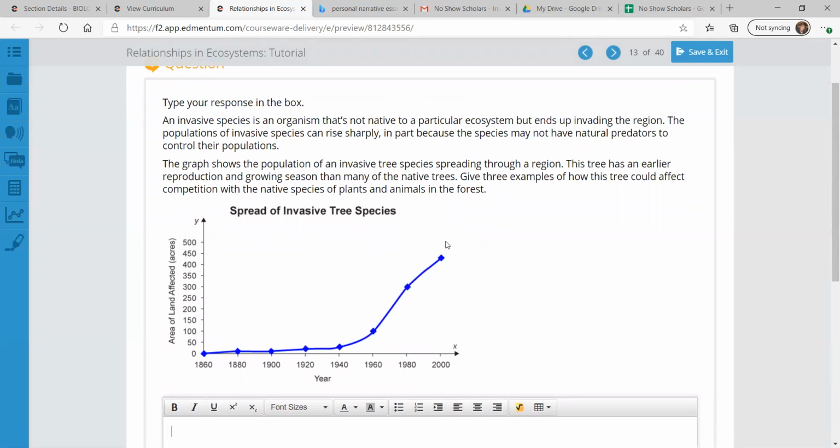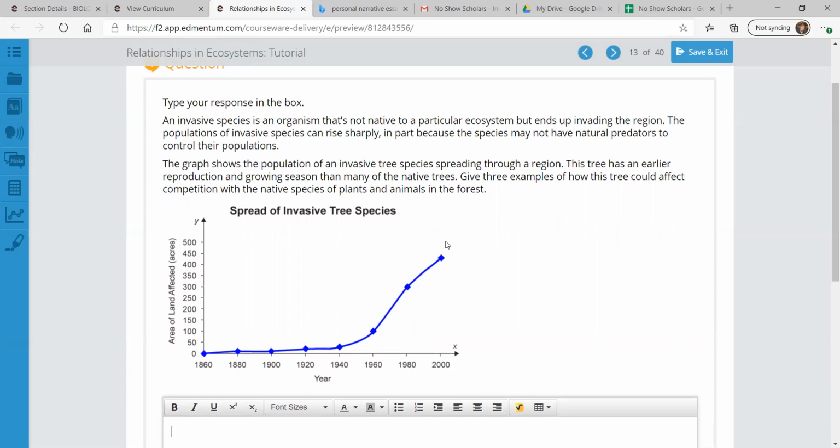An invasive species is an organism that's not native to a particular ecosystem, but ends up actually invading the region. The populations of invasive species can rise pretty sharply. And this is in part because the species may not have natural predators to control their populations.